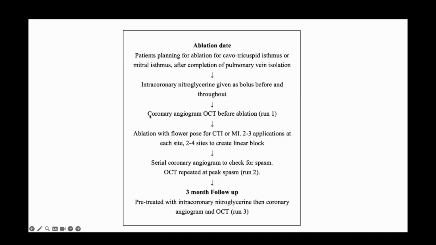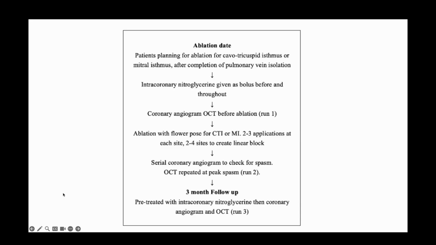Yep, that's correct. And can I ask, because we're used to giving intravenous nitroglycerin before ablating, but you actually gave intracoronary. What kind of dose did you give, and why did you choose intracoronary as opposed to intravenous? Yeah, so in a few pilot patients, we tried intravenous nitroglycerin. We tried to copy the dosage that Dr. Vivek Reddy has published in a Circulation paper, like 1 to 2 milligrams of intravenous nitroglycerin, but that proved to be too high a dose for our Asian patients.